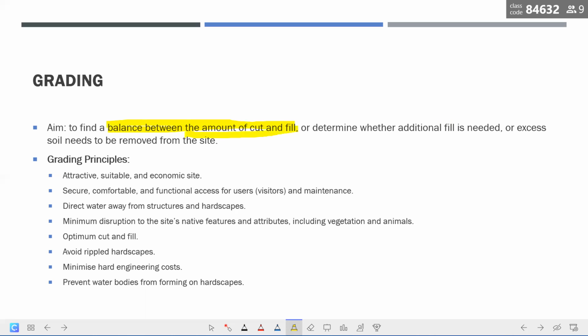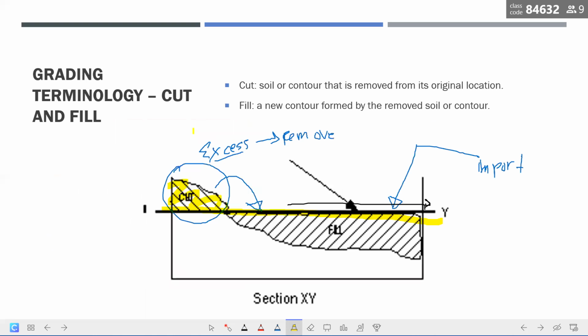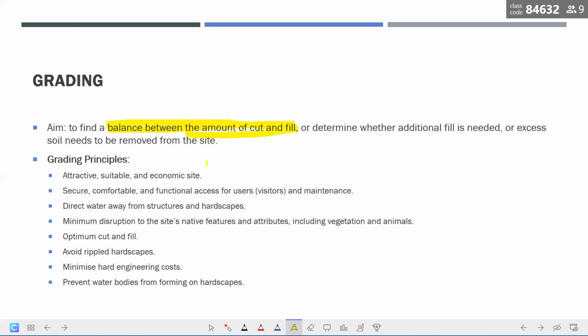A few principles to abide by: to produce, maintain or enhance the attractiveness of the site, to provide a more suitable development site, and of course, to make it more economic to build.